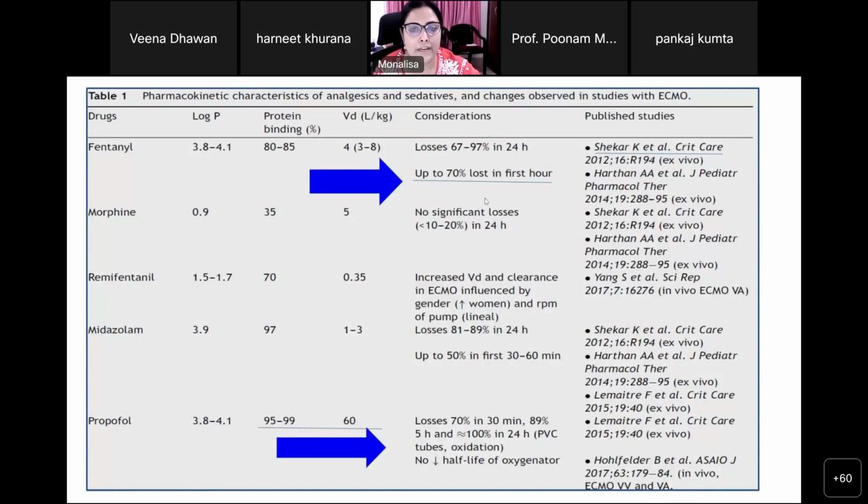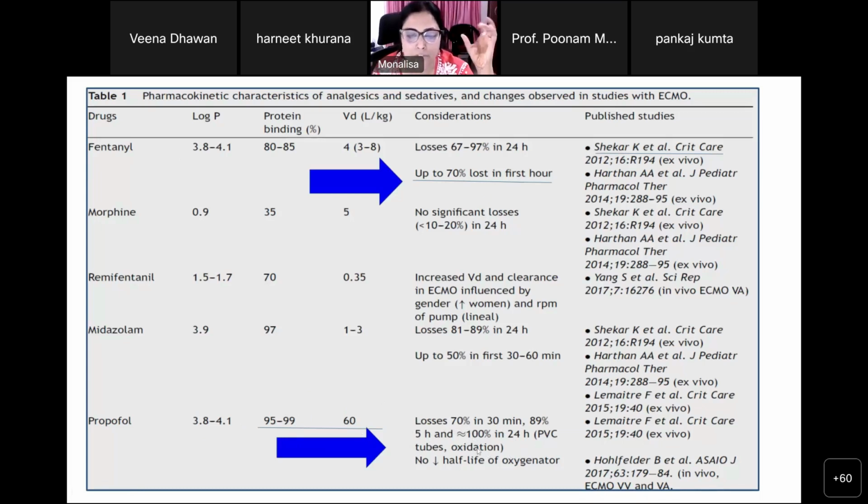So we need to be very careful about that. And 67 to 97% is lost in 24 hours. Similarly, propofol, these are the two drugs we need to be very careful about. The protein binding is 95 to 99%, and the volume of distribution is really, really high. So you see losses of around 70% in 30 minutes, 89% in 5 hours, and 100% in 24 hours.